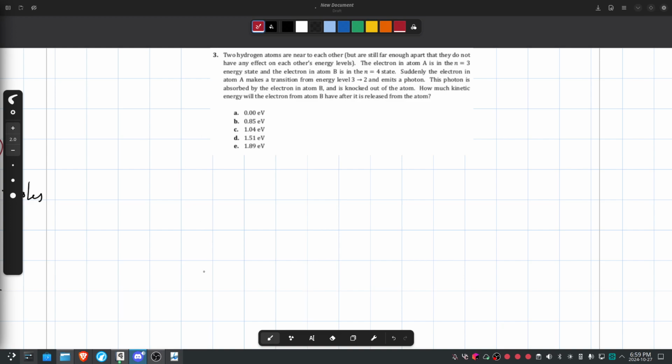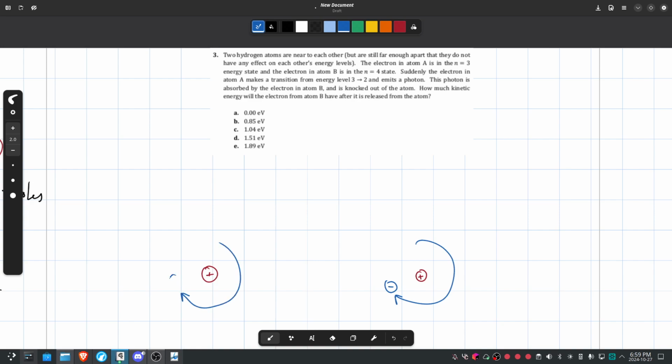So we have two atoms that are near to each other, and we have our little electrons floating about. They're far enough apart that they don't affect each other. The electron in atom A, so let's designate this as atom A and this is atom B, is the n equals 3 energy state.